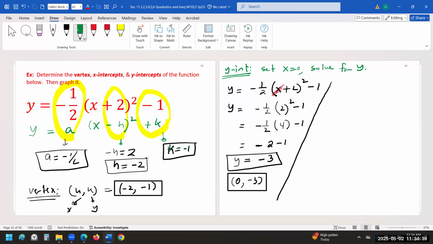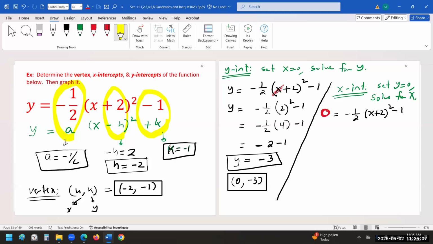To find the x-intercept, you have to do the same work. To find the x-intercept, we set y to be 0, and we solve for x. So y equals 0 means we have 0 on one side, and then we have negative 1/2 (x plus 2) squared minus 1.